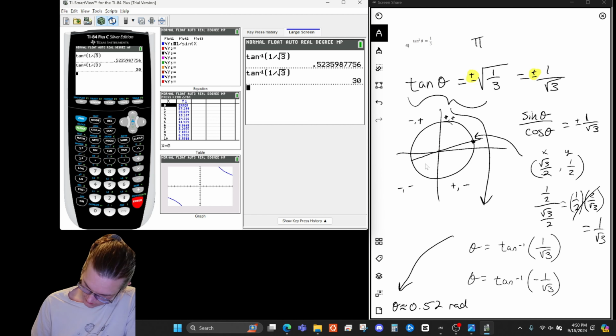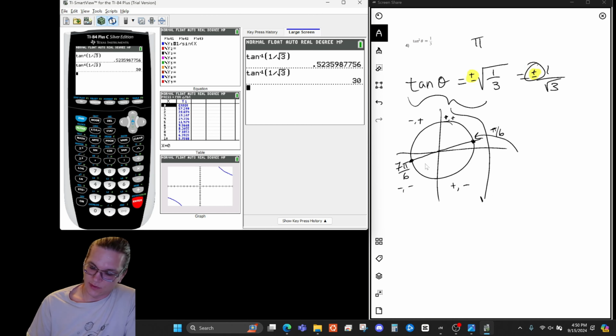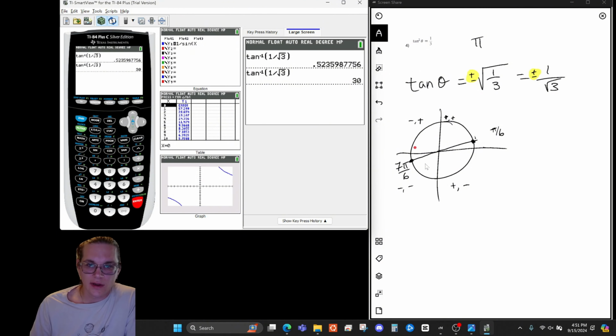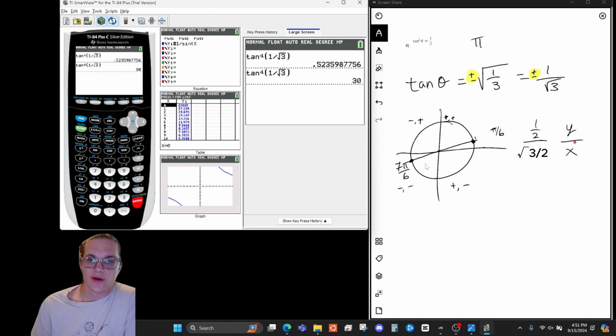So another solution I know is pi/6, and then 7 pi/6, okay? And another solution, since we also want to consider the negative solutions, is going to also occur where we have 1/2 over √3/2, in our tangent, which is y/x.